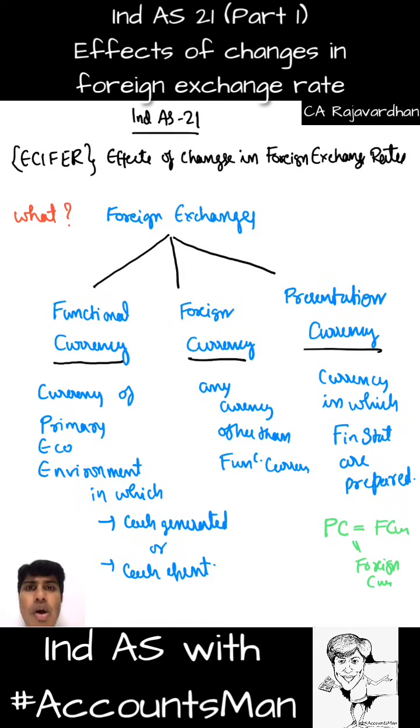You get that? Or if it is a case where it is not listed in the US, it is listed only on BSE and NSE, then the reporting is also done in rupees. So, the functional currency is rupees, anything other than rupees is foreign currency, and the presentation is also done in functional currency. So, our presentation currency can be either functional currency or it can also be foreign currency.